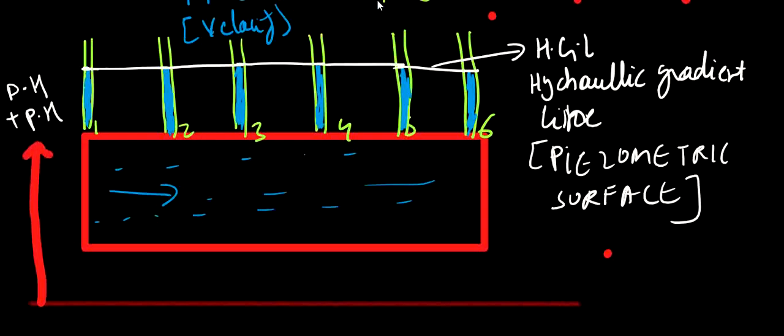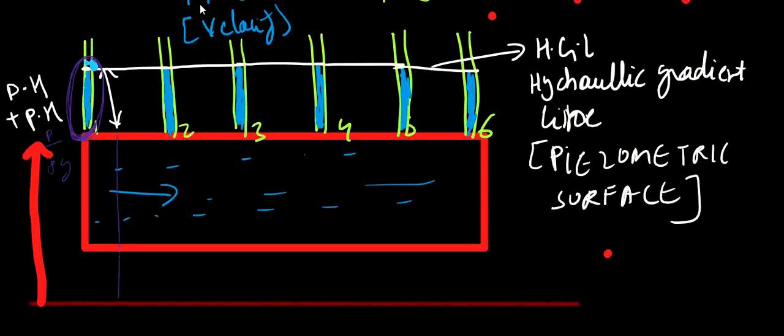So this represents the piezometric head, that is nothing but the pressure head plus datum head. Pressure head is P by rho g, and the datum head is nothing but the height from our reference point.